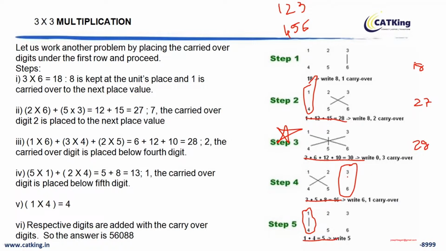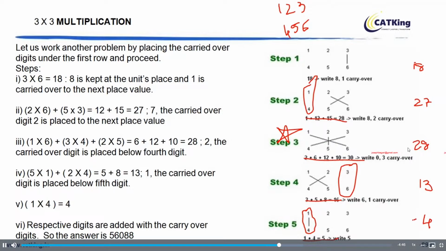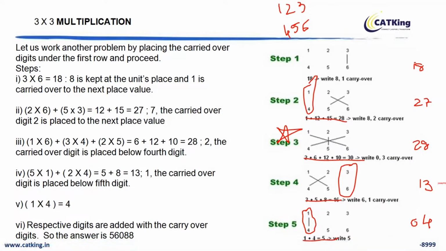Here we've gotten 1 into 5, 5 plus 2 into 4, 8, which is 13. What we've got here is 4. When you see a single digit number, you write 0 ahead of it so that it makes your calculations easier.